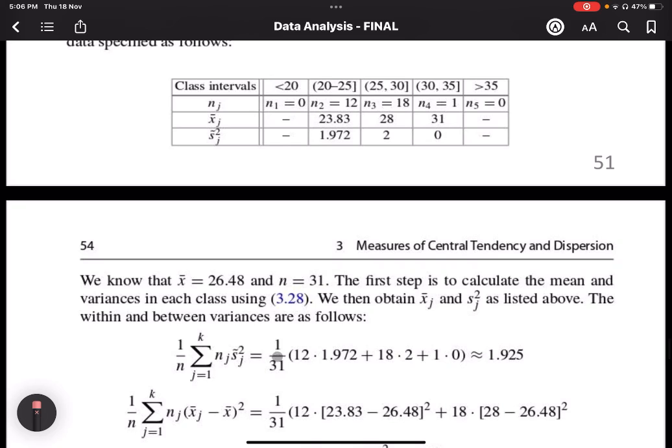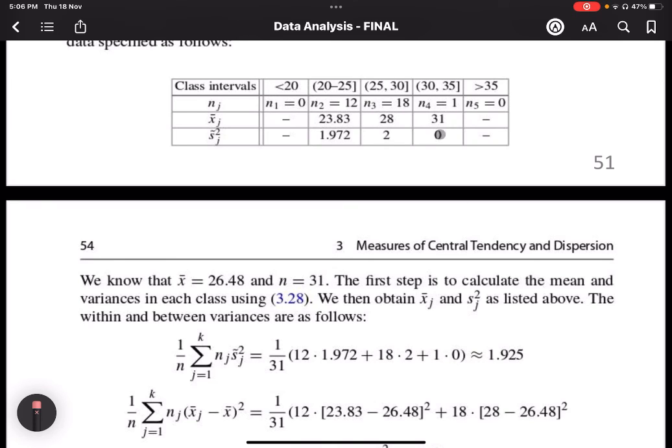So, saan to galing? Ito yung 1 over 31 galing dito sa formula. 1 over 31. 12 galing sa second group, 12 observations times the sj, plus 18 again, then sj again, then 1 times the sj again.